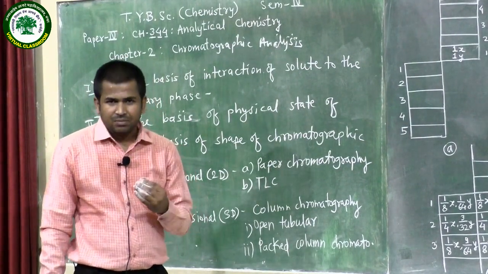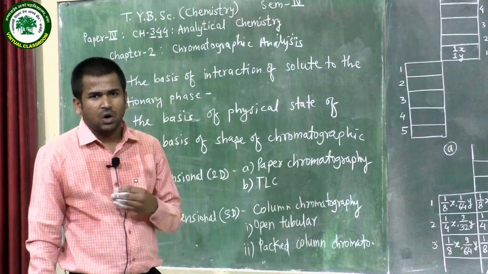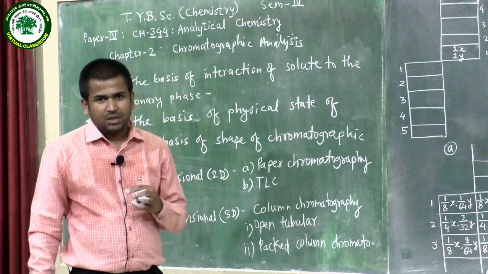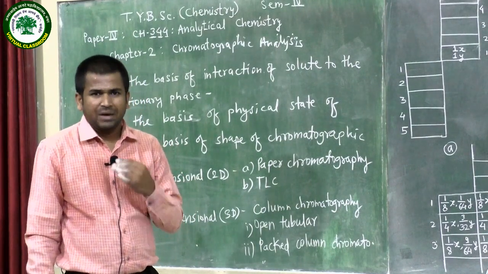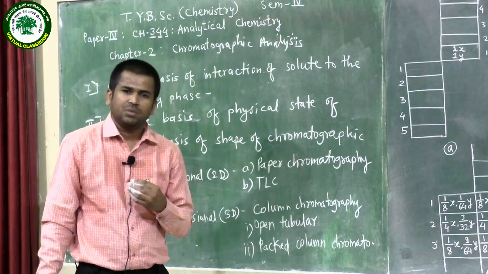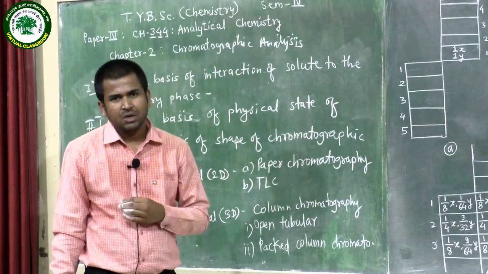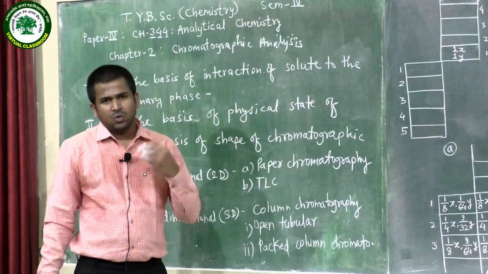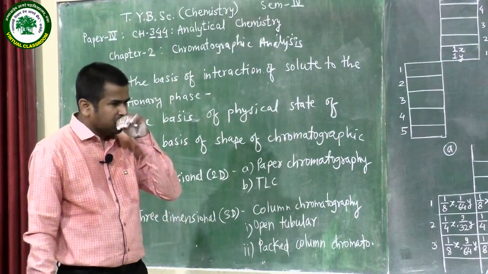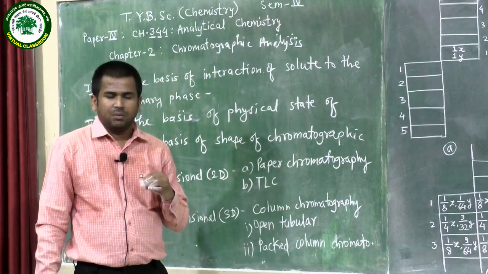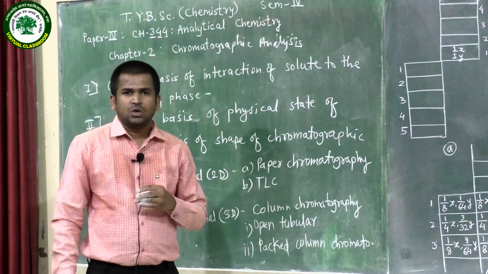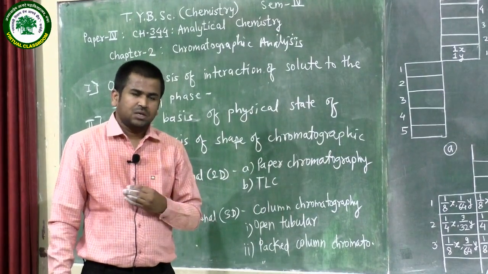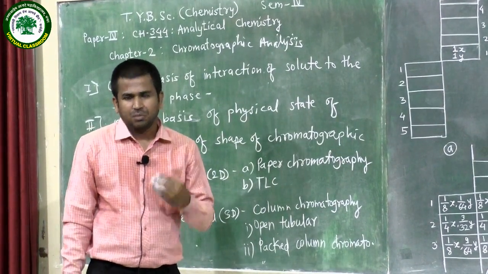The third type is based on the shape of the chromatographic bed. It has 2 subtypes: 2-dimensional shapes of the chromatographic beds and 3-dimensional shapes of the chromatographic beds. Now we move on to a model which is used to explain the principle of chromatographic separation, called the matchbox model.